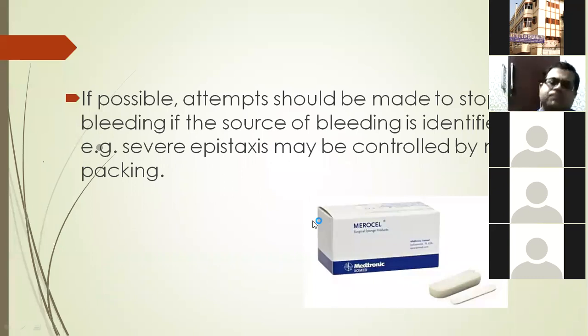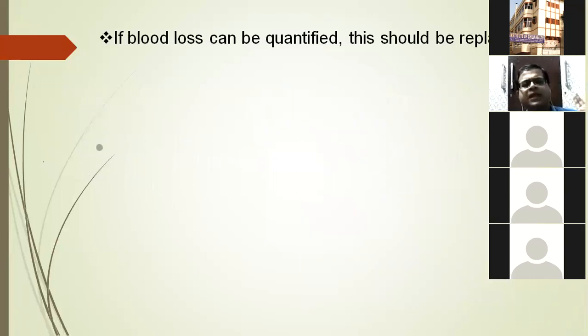It is very much useful, commercially available, very easy to put. So in most of the times, if there is a minor bleeding or epistaxis, but the patient is hemodynamically stable, not in shock, you just put the Merocel pack and almost all the time the bleeding stops. You do not need to give platelet transfusions. If blood loss can be quantified, this should be replaced in major bleeds.